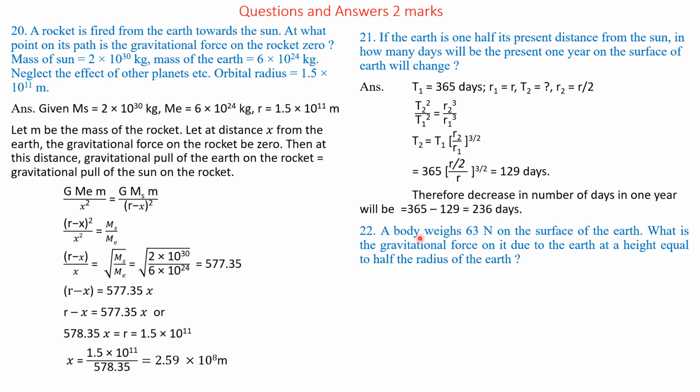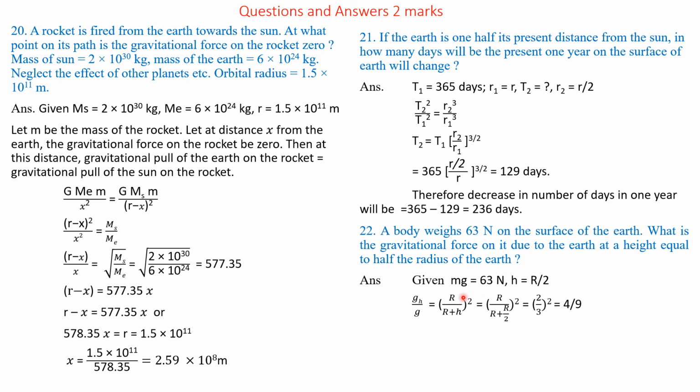Next question. A body weighs 63 newtons on the surface of the Earth. What is the gravitational force on it due to Earth at a height equal to half of the radius of the Earth? So given weight mg is equal to 63 newtons, and height is R by 2, half of its radius.